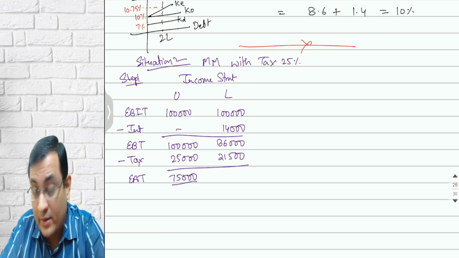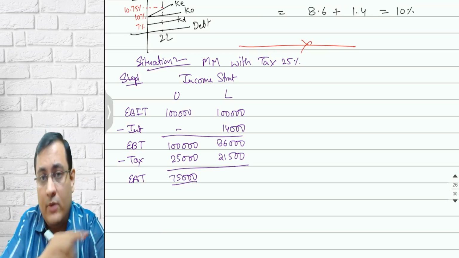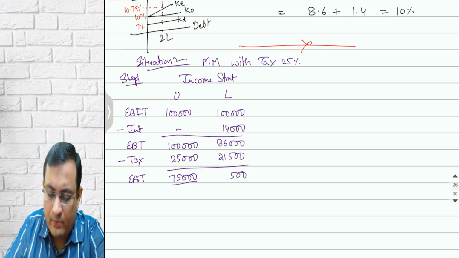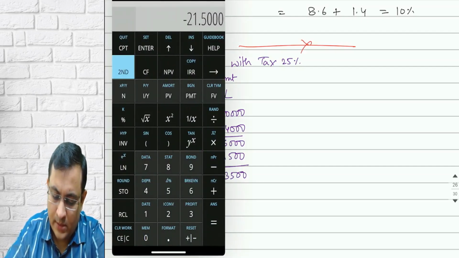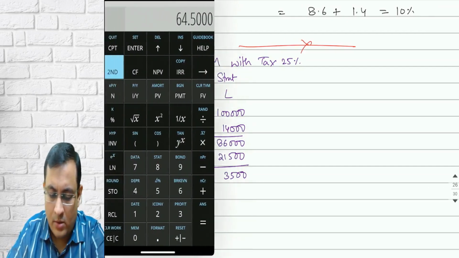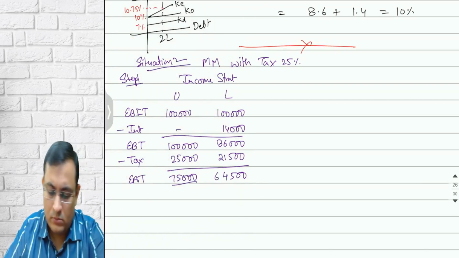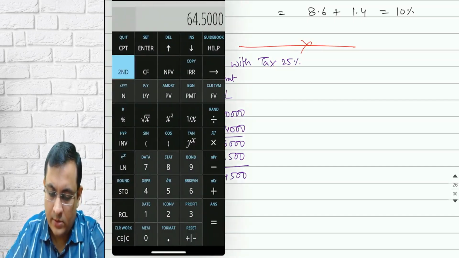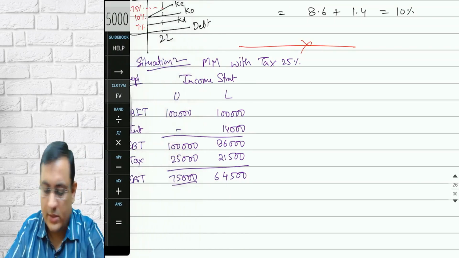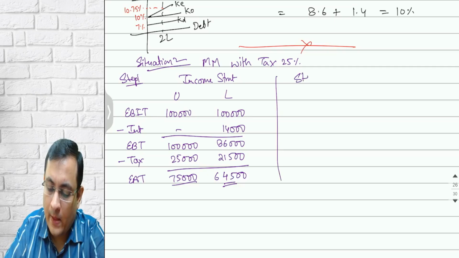Same firm, but the returns are now lower, so value of firm will of course go down for even the unlevered firm also. For levered, 86 into 0.75 is 64,500. Yes, 64,500, correct.